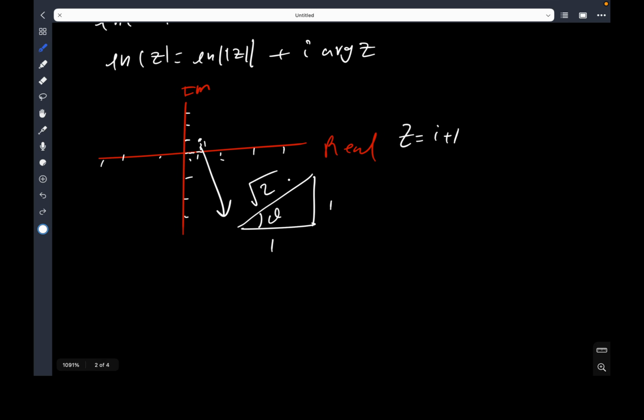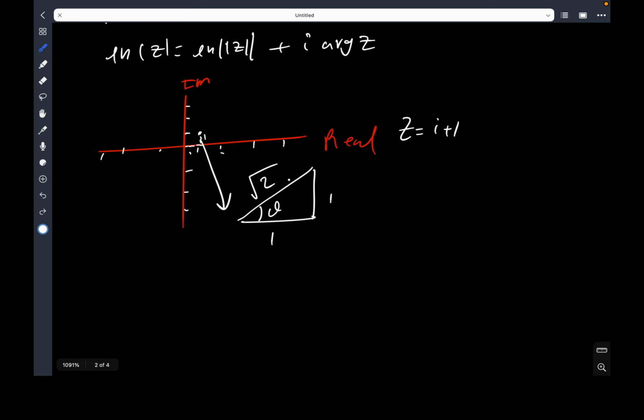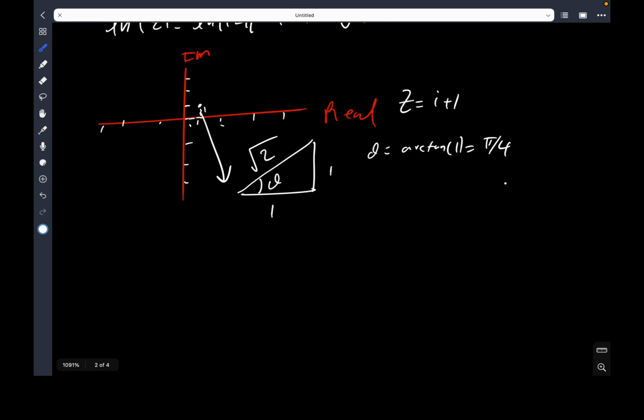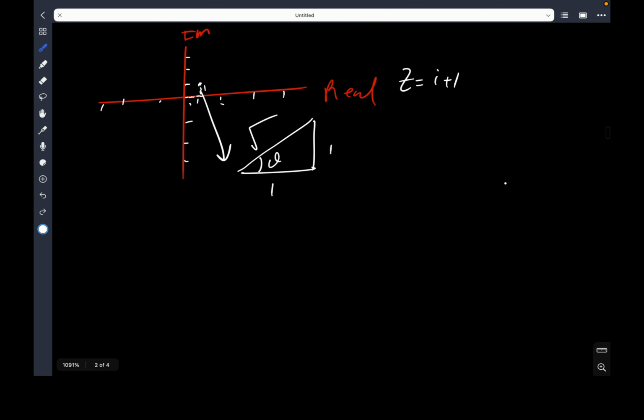And the arg, which refers to the angle theta here, is pi over 4, because the angle is arctan of 1, which is pi over 4. Because this is a special triangle, you get pi over 4.